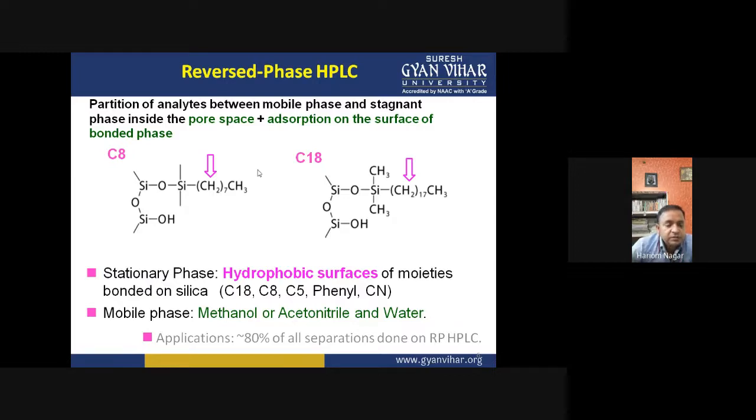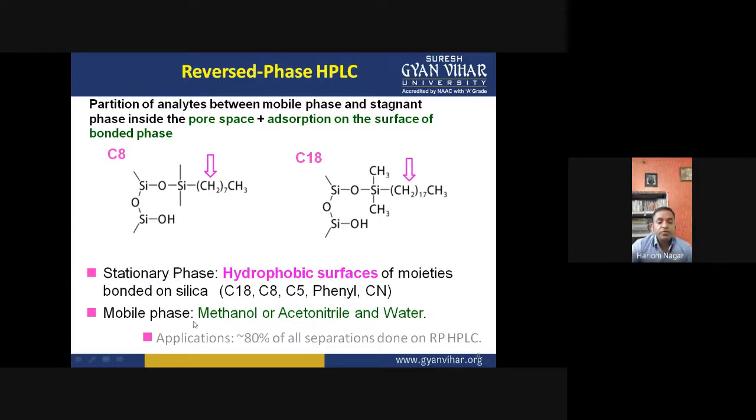Right? So now the question is, which stationary phases are used? Hydrophobic moieties bonded on silica are used as the stationary phase. These are C18, C8, C5, phenyl, and CN groups, which can be attached to the silica.